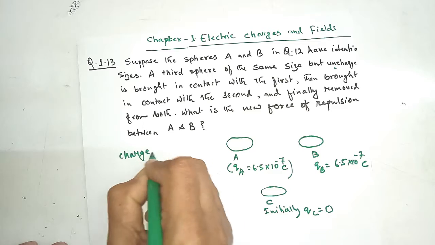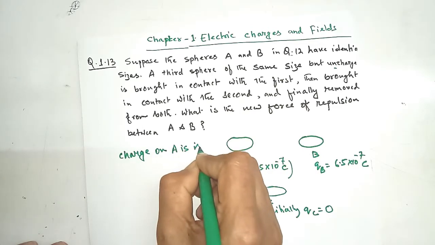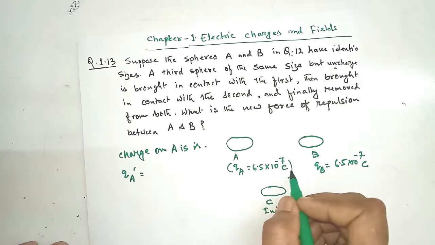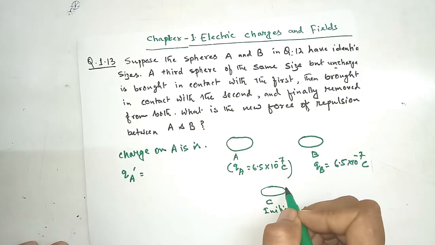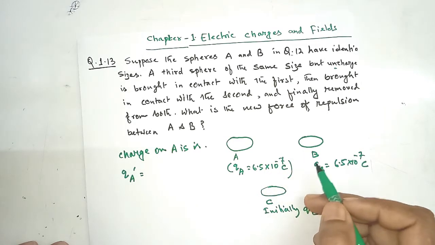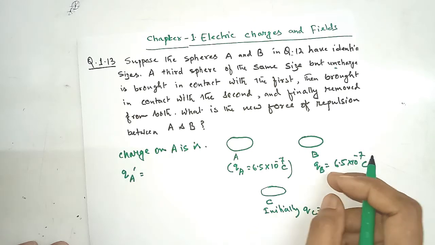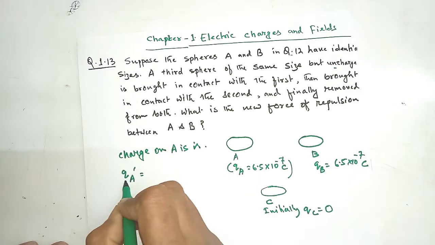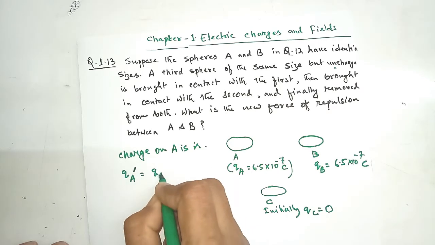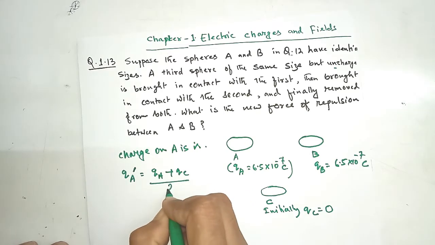Charge on A is QA dash equals, when sphere C comes to A, then the charges will be divided equally on both the spheres as they have the same mass and size. So the value of the charge QA dash is (QA plus QC) divided by 2.